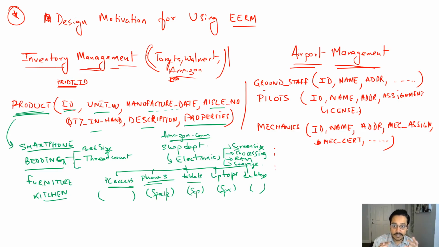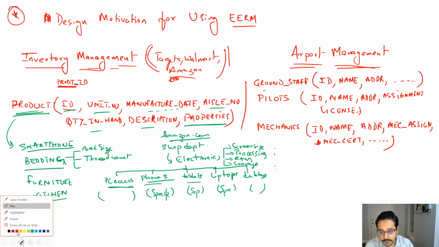These are all entity instances of the entity product. But if you implement them in a single table, then you are slowly creeping towards the issue of structural dependency. That is the first problem. So it will end up creating structural dependency.